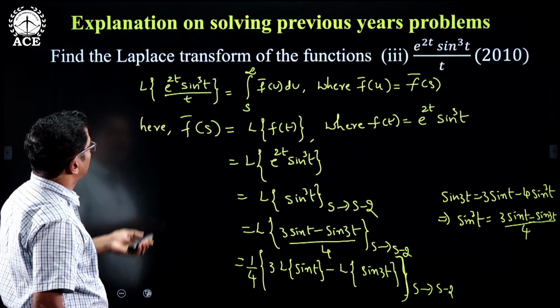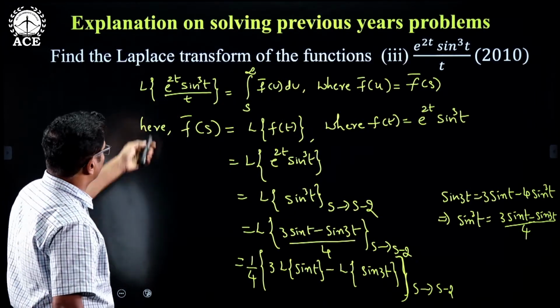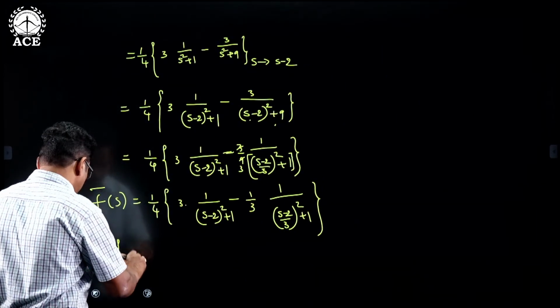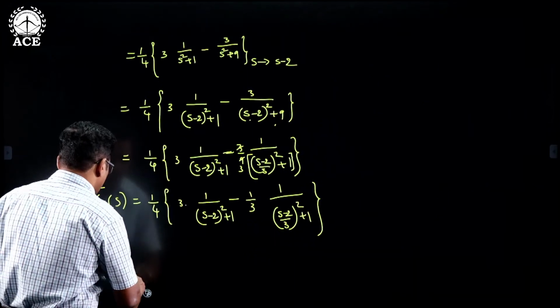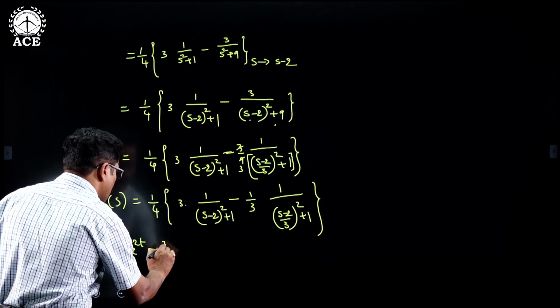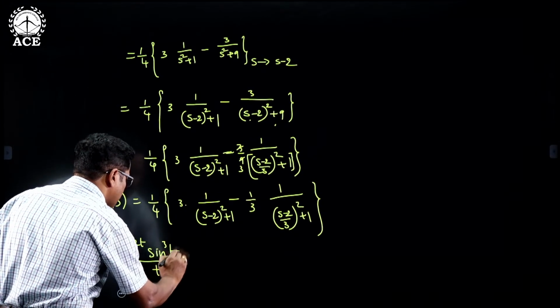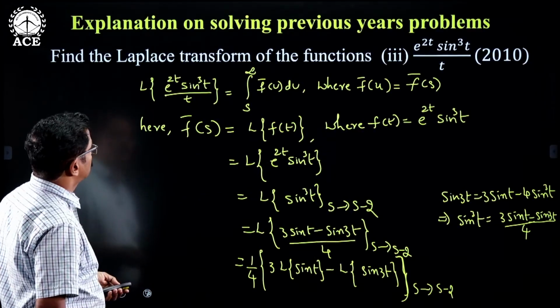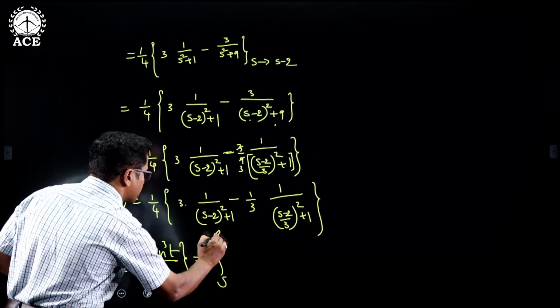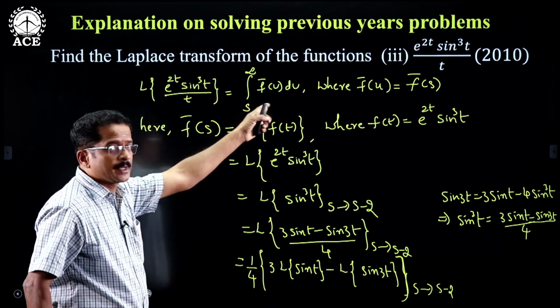So this is f bar of s, which I will take to find the Laplace transform of the given function. Now L of e power 2t sine cube t by t equals the integration from s to infinity of f bar of u du.